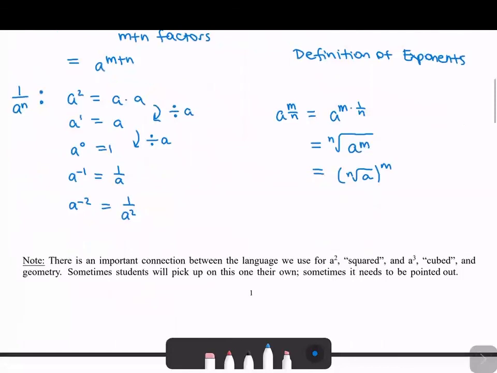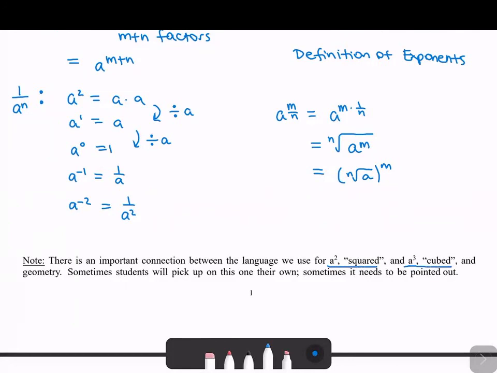The last thing to point out whenever you're thinking about these things is that a lot of our examples will use computing area. We've already computed area a lot. But one thing to notice is that a to the second power is called a squared, and a to the third power is called a cubed.